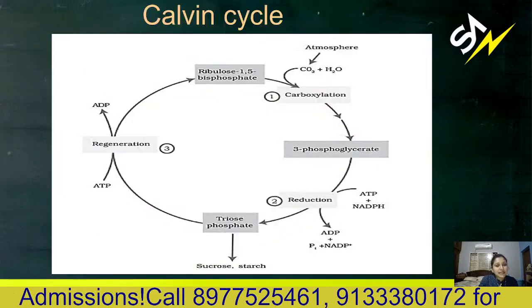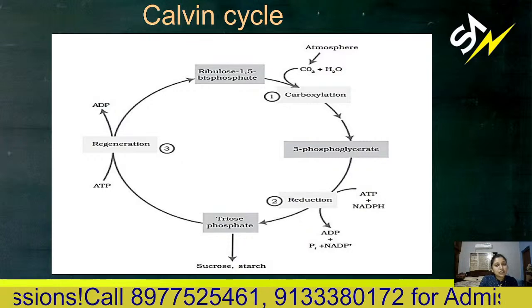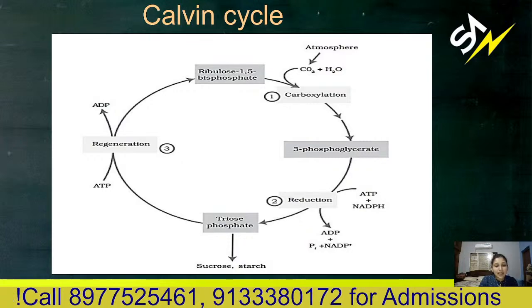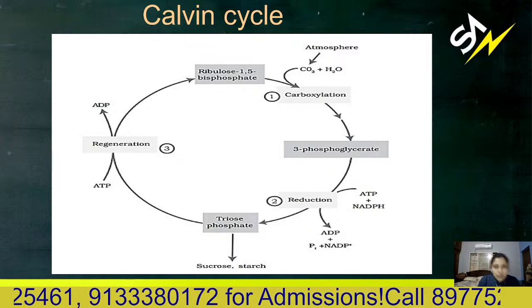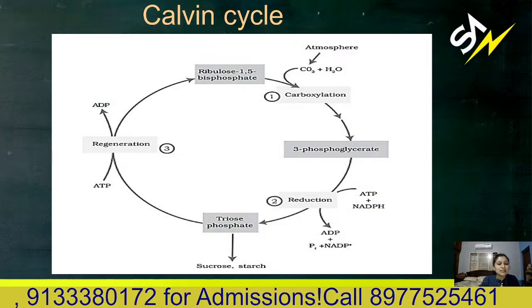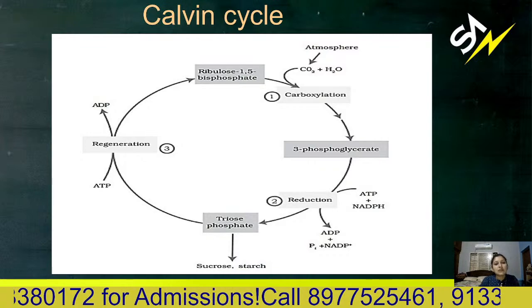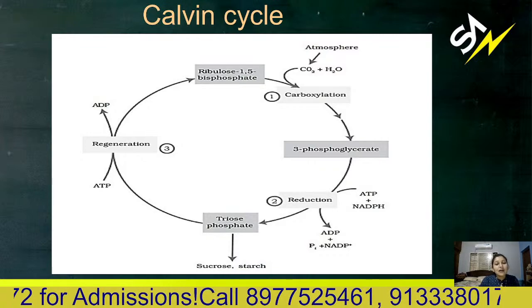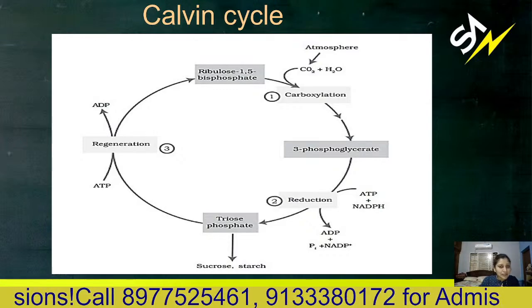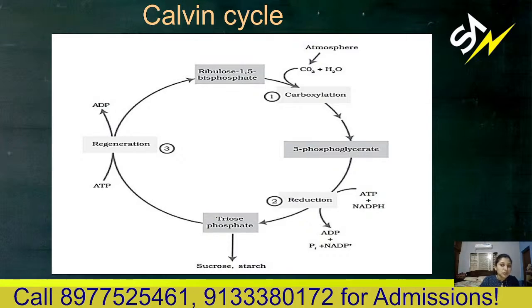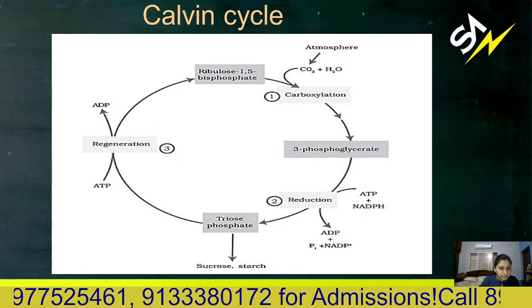Then the Calvin cycle. So how carbon dioxide gets fixed, resulting in the formation of sucrose. RuBP is a 5 carbon compound which will accept carbon dioxide, resulting in carboxylation, and it will be converted to 2 molecules of 3-PGA.